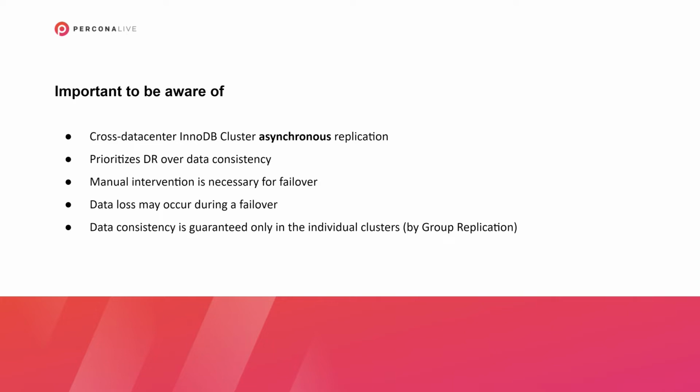Like it comes with the package, but it's not guaranteed between the primary and secondary clusters. And it does not support synchronous replication. When you see MySQL asynchronous replication, there's an option to have a synchronous one, which keeps the primary and secondary in synchrony, but that's not an option for the InnoDB ClusterSet, at least not yet.